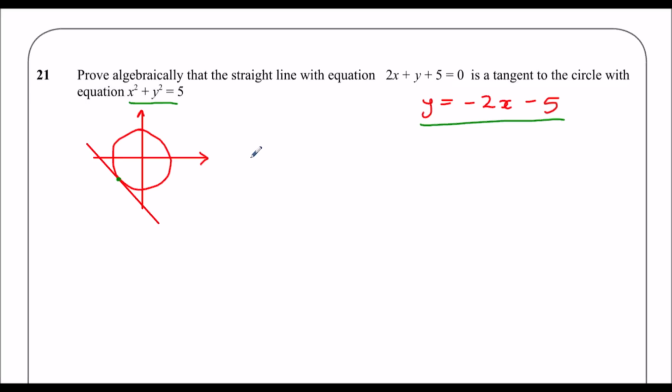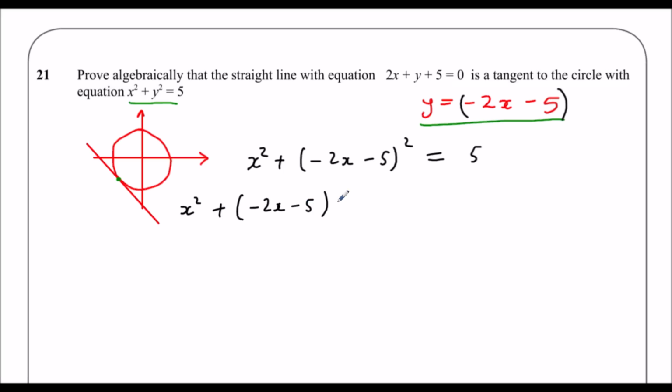So x squared plus y squared, minus 2x minus 5 squared, equals 5. So let's expand and simplify this. So minus 2x minus 5 times minus 2x minus 5 equals 5.